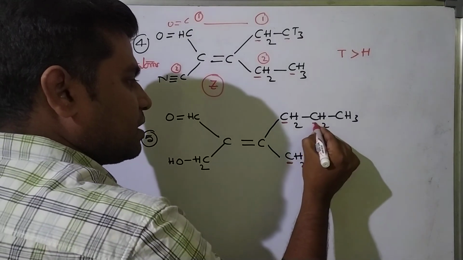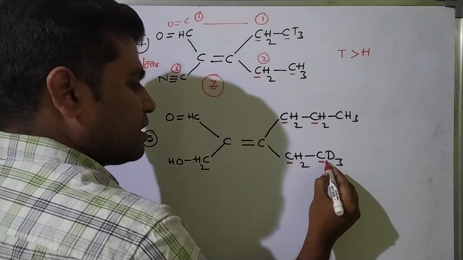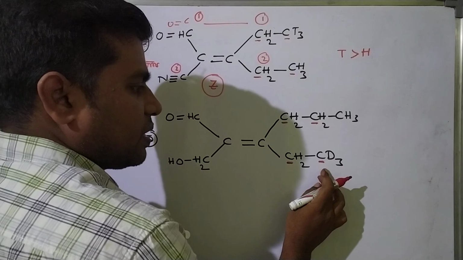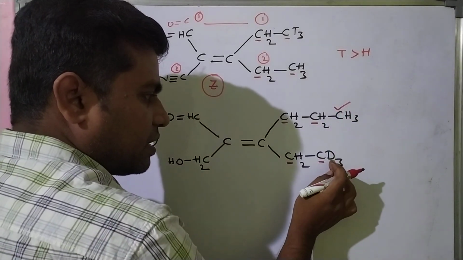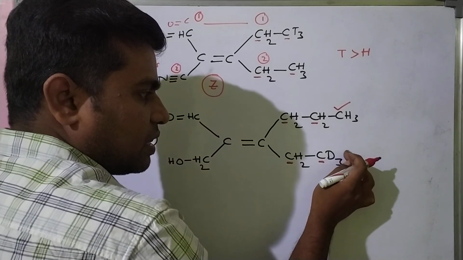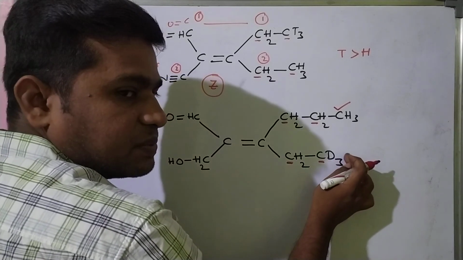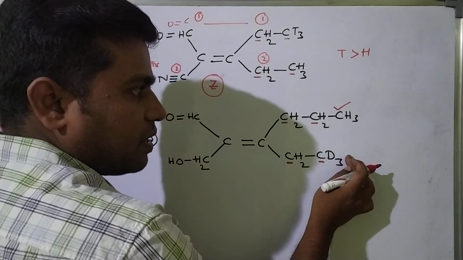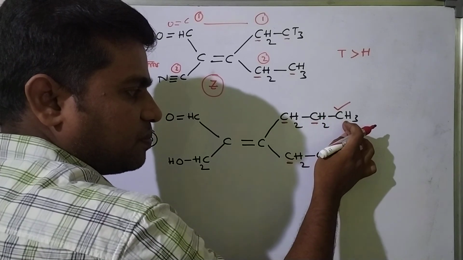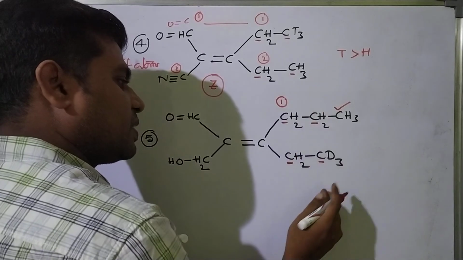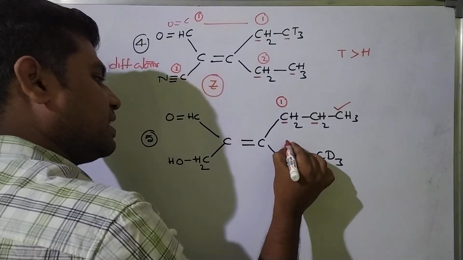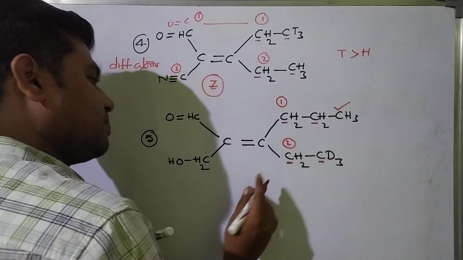Here the second atom carbon, here also second atom carbon. Here third atom again carbon, but here deuterium, which means third atom is absent. So here 3 carbons, here third atom absent, so it will get first priority. Now it will get second priority.